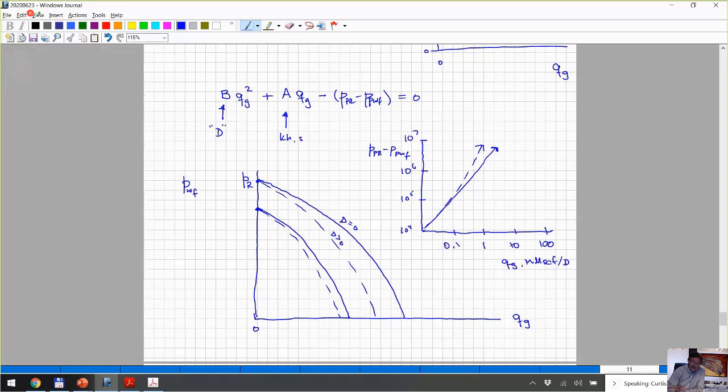So here in this back pressure plot, the curves never change. If you plot it in terms of an IPR, you have to replot it every time the average reservoir pressure changes.